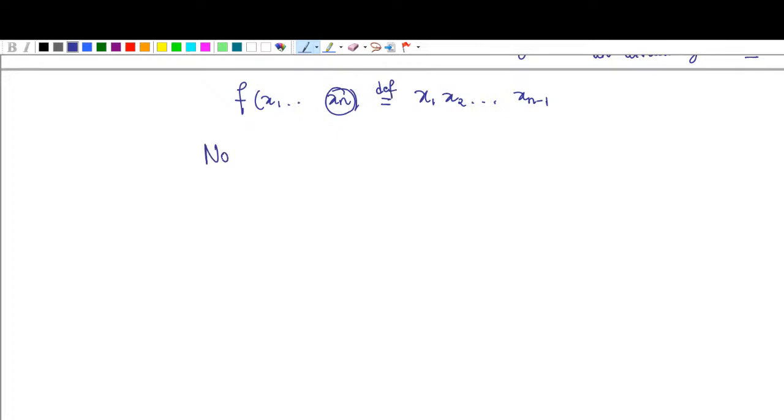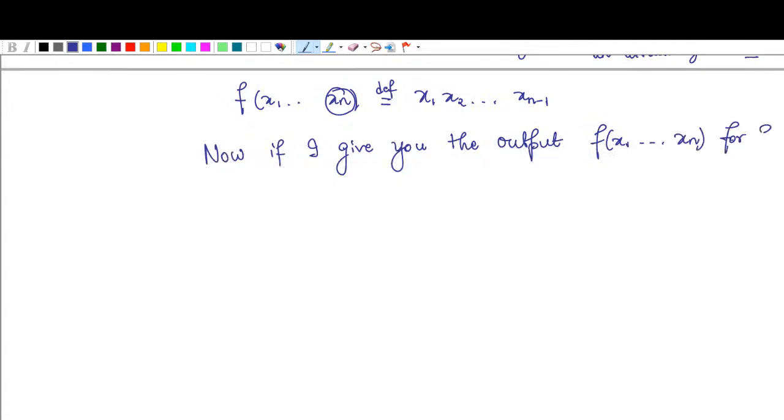Now, if I give you the output f(x1 to xn) for some x1 to xn, but I do not tell you the input. I do not tell you the full input, but I give you the output.